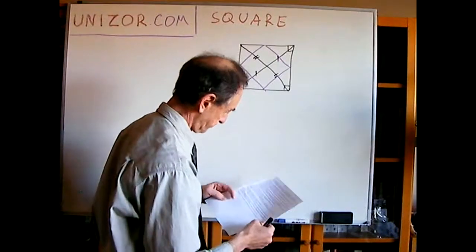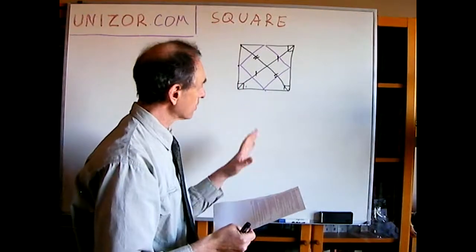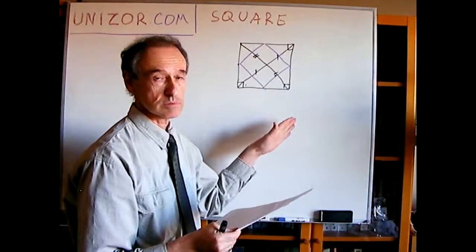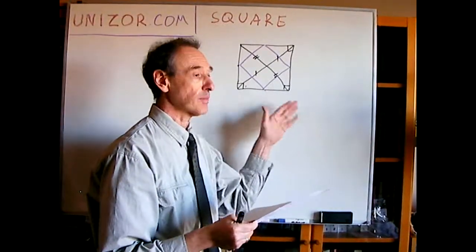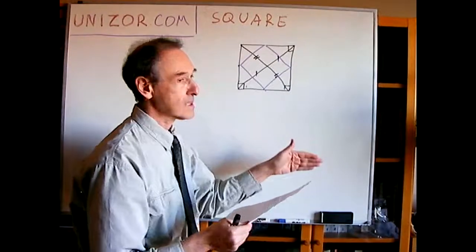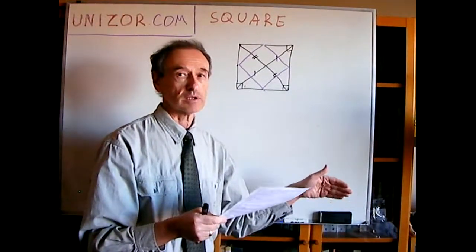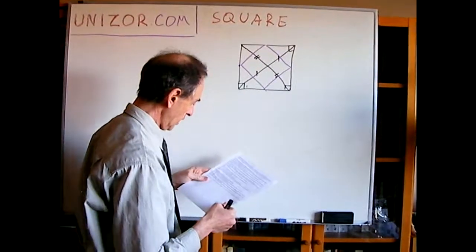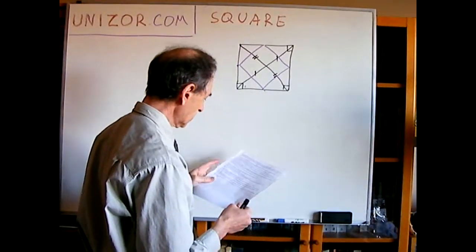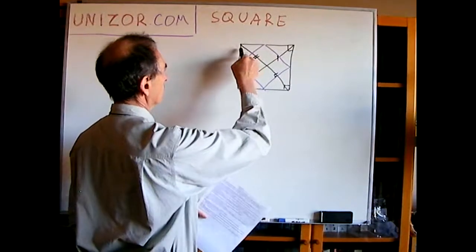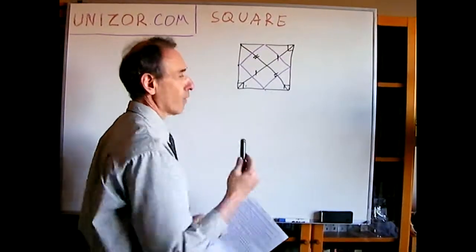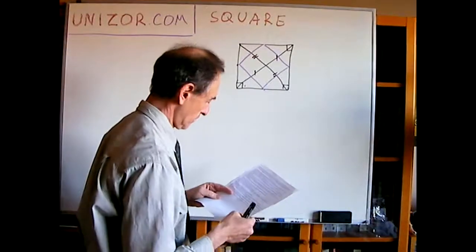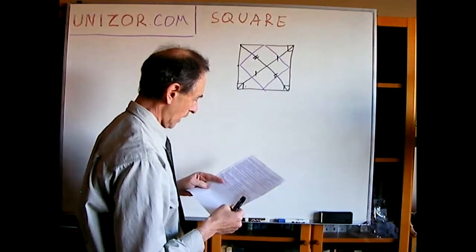Next. These are basically the properties which we have inherited from the parallelogram and the rhombus. Now let's add something which we have inherited from the fact that the square is a rectangle. All interior angles are right angles, because it's a rectangle by definition of the square.